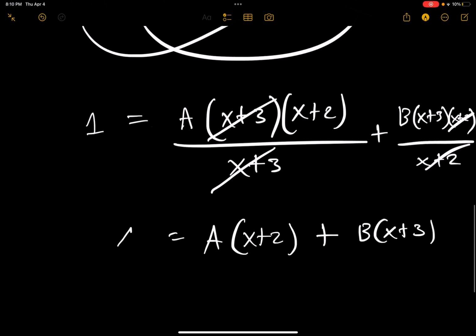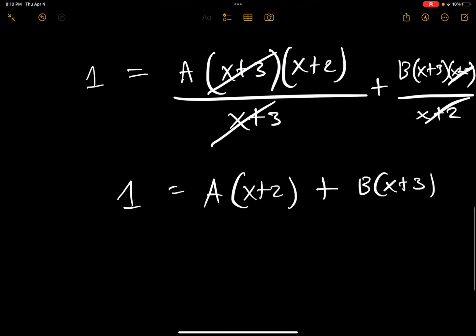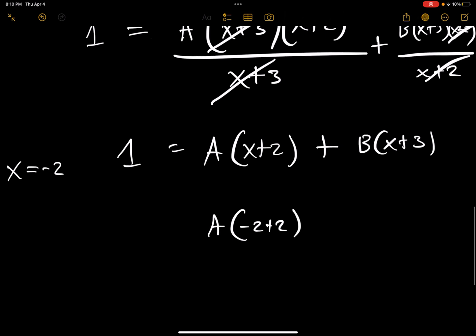Now, remember, we're trying to figure out what a and b are, not what x is. So what can we do to figure out b and then figure out a? Well, if we do x equals minus 2, a will cancel out, because minus 2 plus 2 is 0, and a times 0 is nothing, plus b, but we know that x is minus 2.